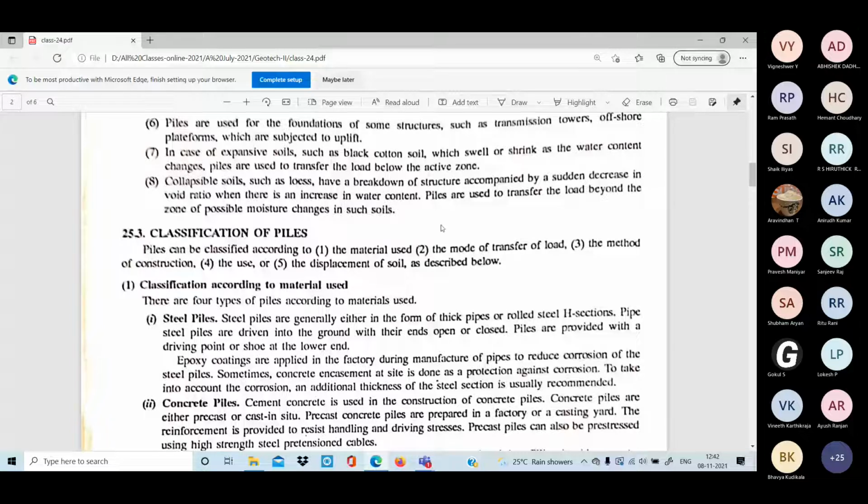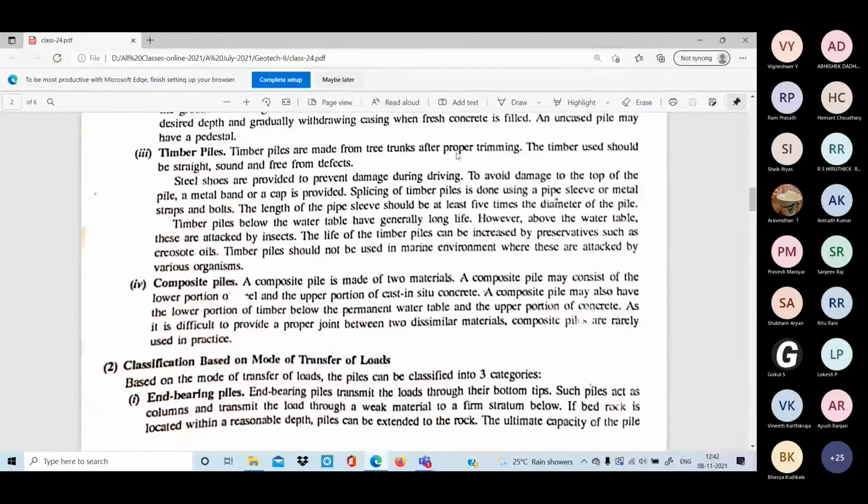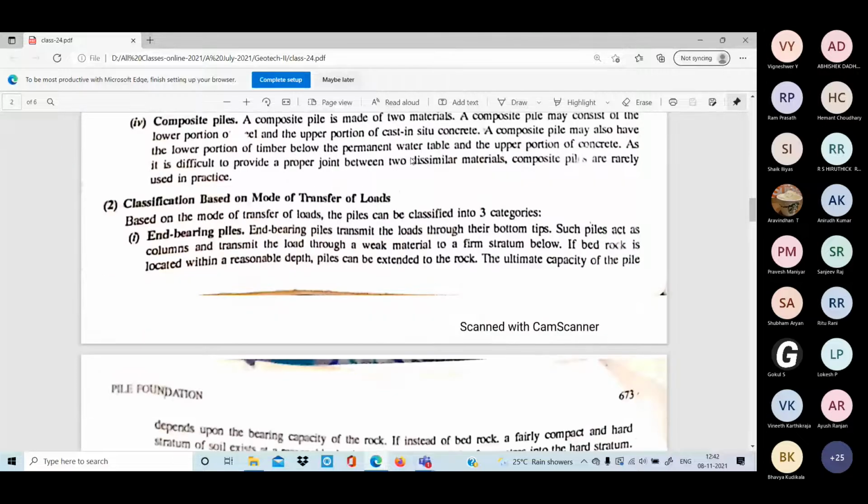Then classification based on the mode of transfer of the load. That means how it is transferring the load. Suppose the pile is transferring load by the bottom tip, then we call it an end bearing pile. You might have seen these things in your basic civil engineering subject, right? End bearing piles: all the load would be transferred to the tip of the pile.